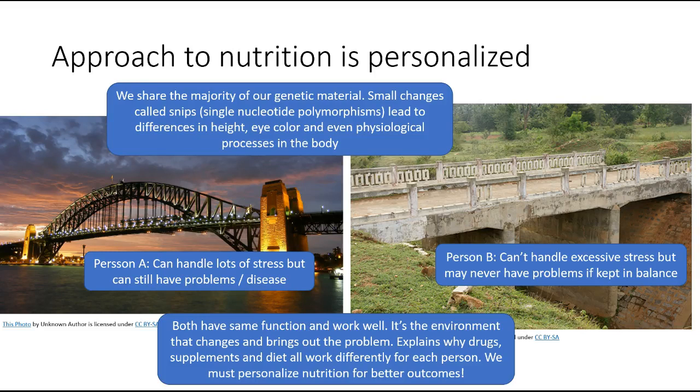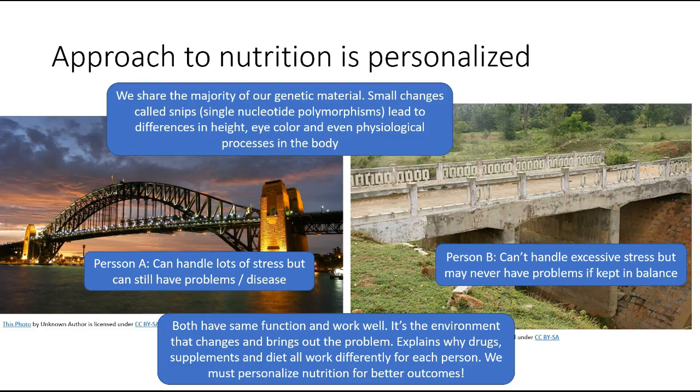You may not have diabetes, or you may not be overweight. It's really the stress, so it's the environment, and what's really liberating when you hear this is that you are in control of the environment and we are in control of the environment. So we could manipulate the environment to create one that we can thrive in, and prevent the long-term progression of these illnesses. So that's what's really exciting.